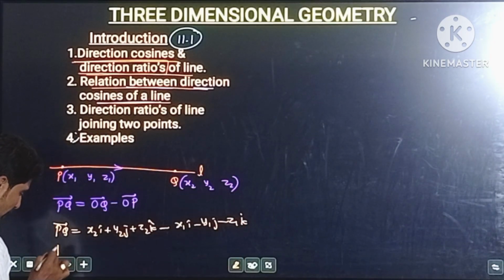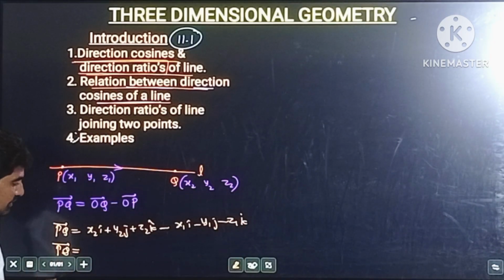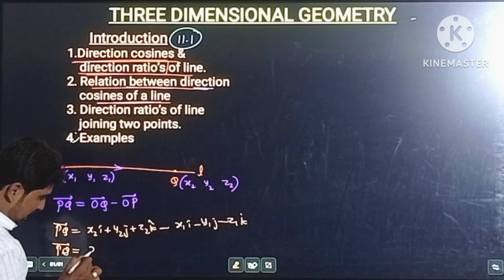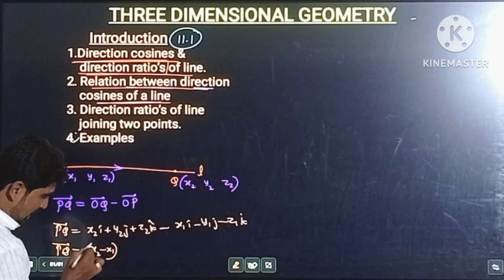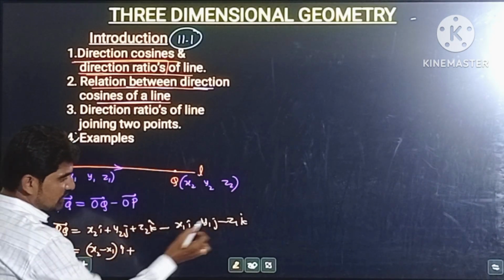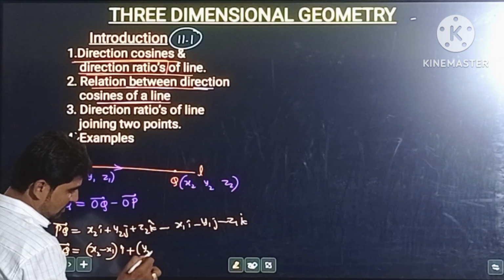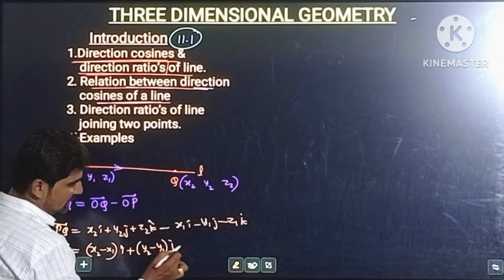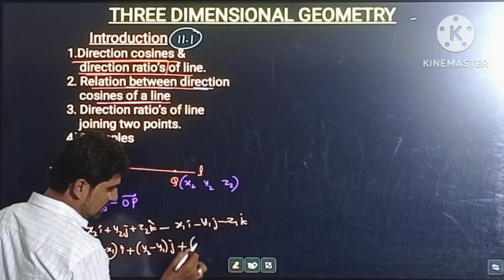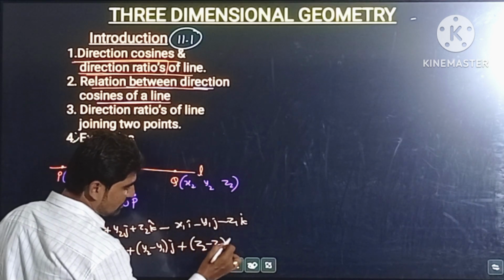So PQ vector can be written as x2 minus x1 i plus y2 minus y1 j plus z2 minus z1 k.